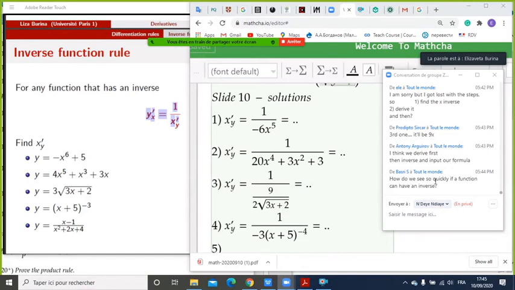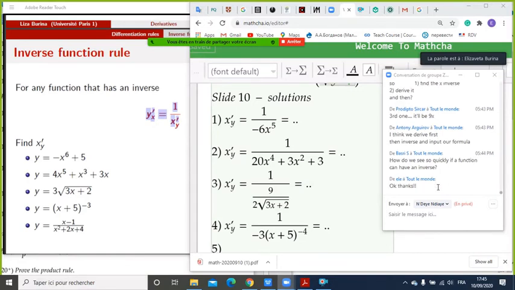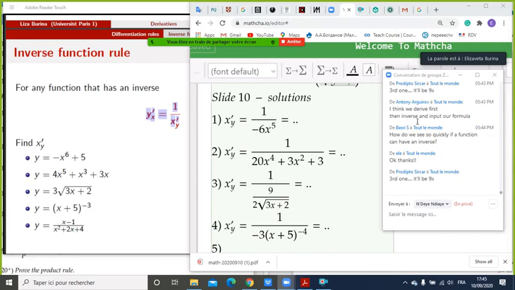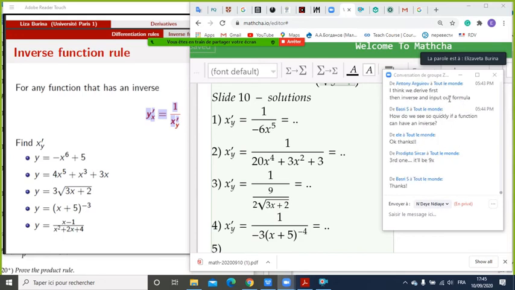How do we see so quickly if a function can have an inverse? Because we know that, for example, a parabola is not a one-to-one mapping. I think we derive first, then inverse, and input our formula. Yeah, exactly.